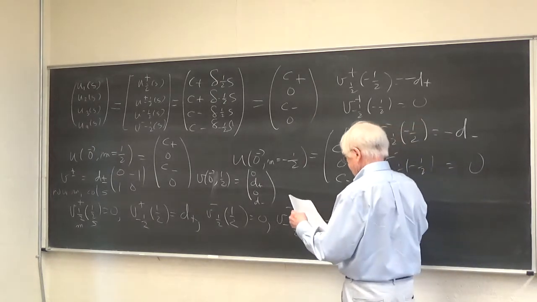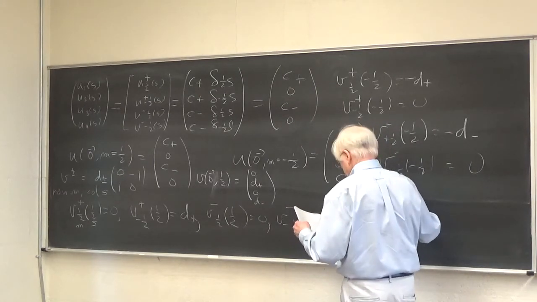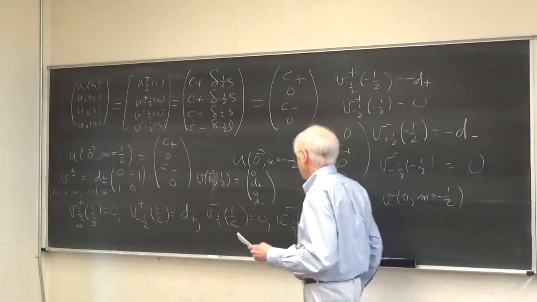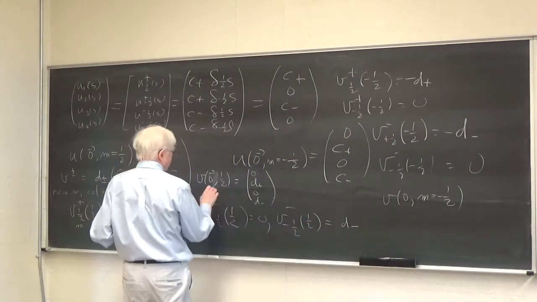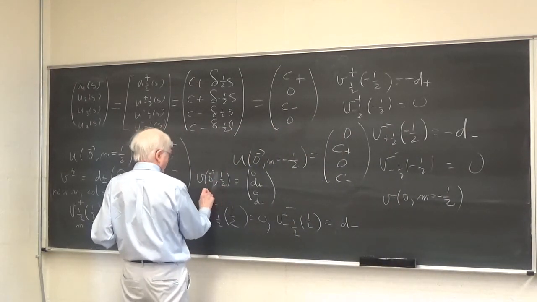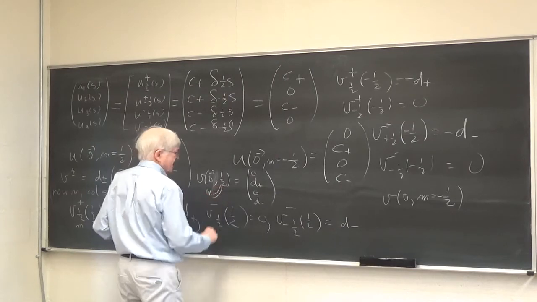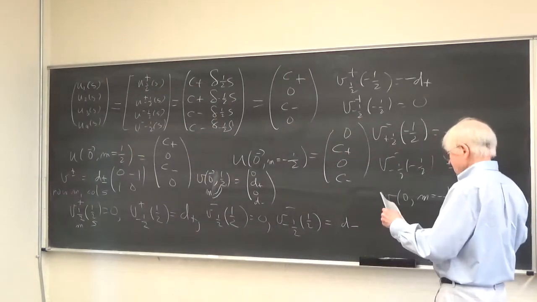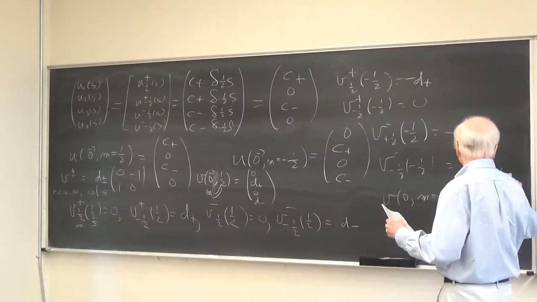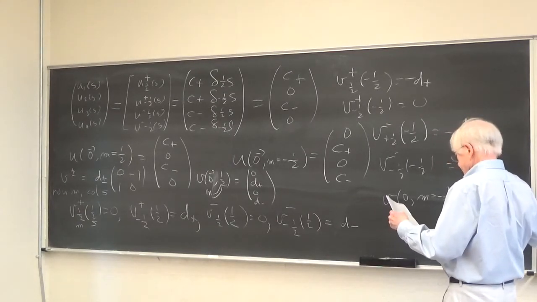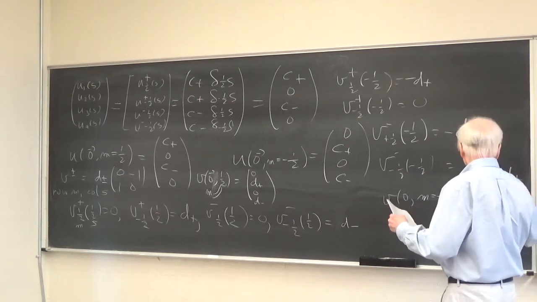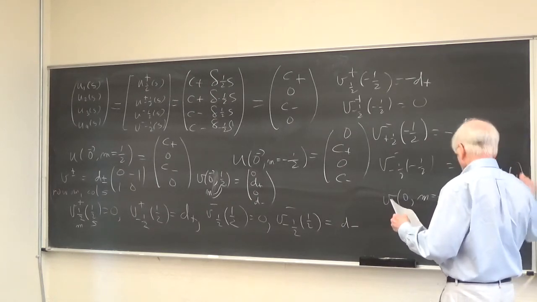So that tells us that V of 0, M equal to minus 1/2, and maybe I would make this more clear if I said this was M equals plus 1/2, is equal to minus D plus 0, D minus 0.